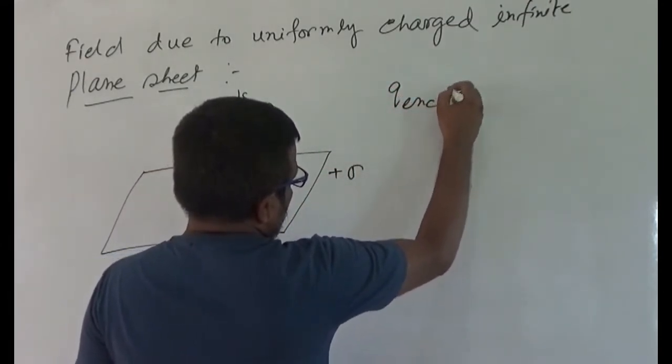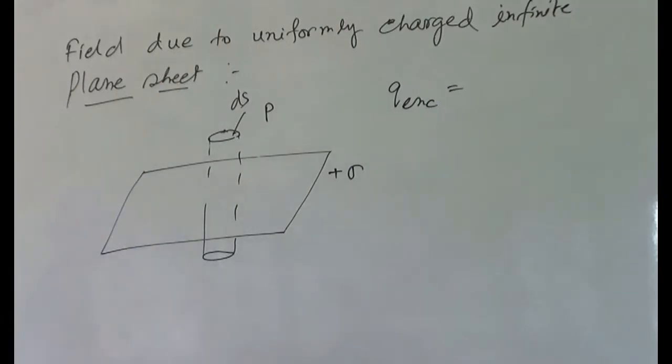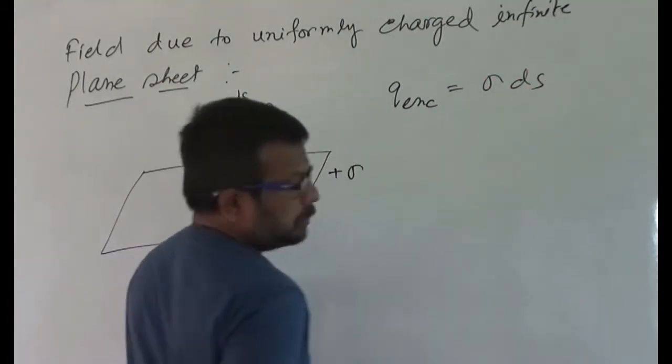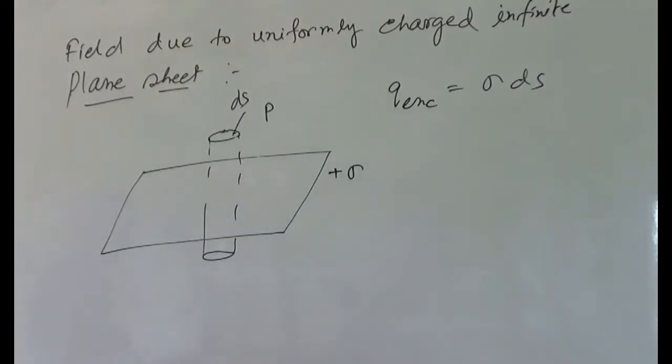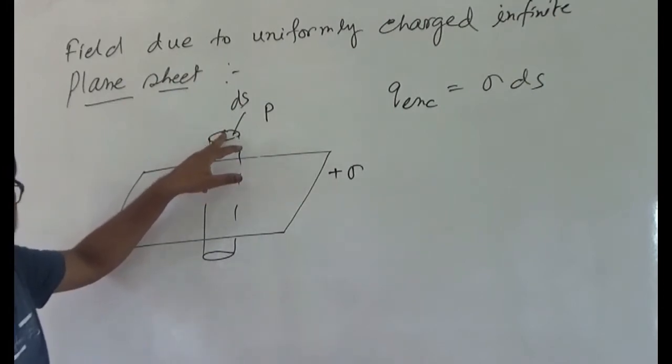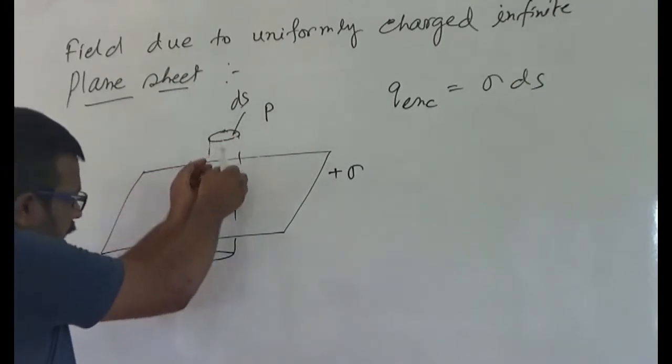Q enclosed will be equal to sigma into ds, because this ds we take here at this point, and this is the cylindrical surface.